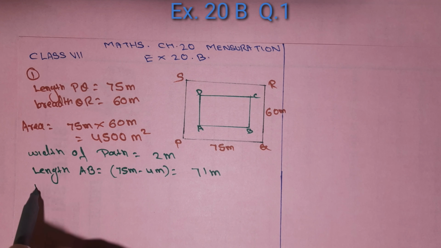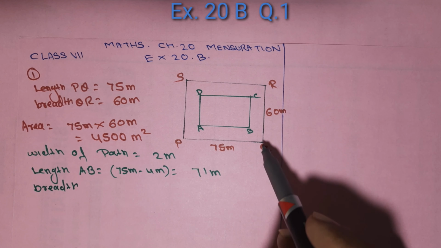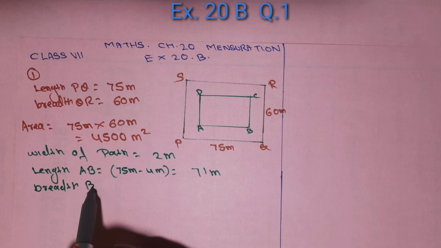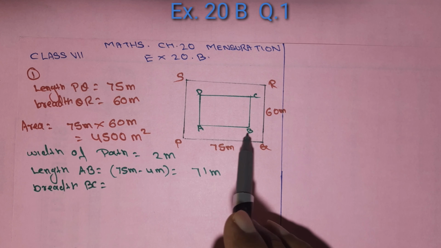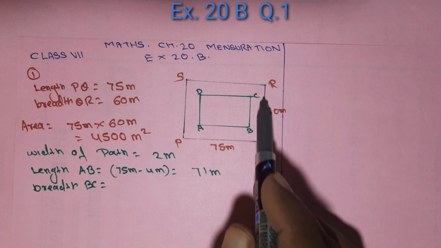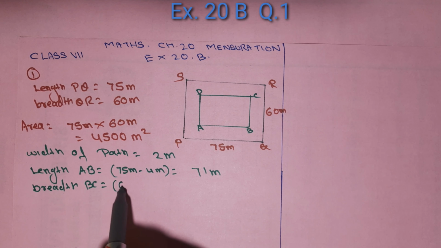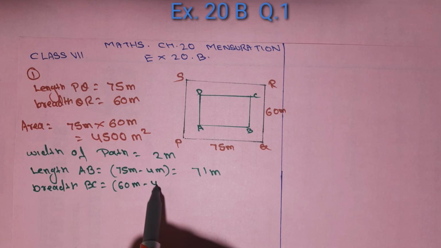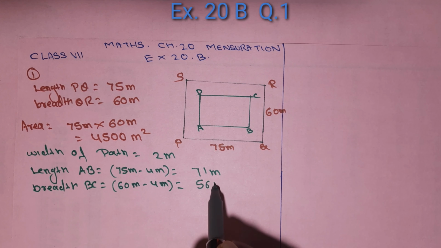Now breadth BC. Here the complete is 60, but here we have to minus 2 and 2. So 2 plus 2, 4. Out of 60, if you subtract 4, that will be the length of BC. So 60 meter minus 4 meter, you get 56 meter.